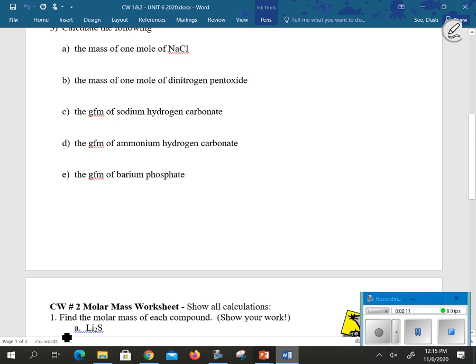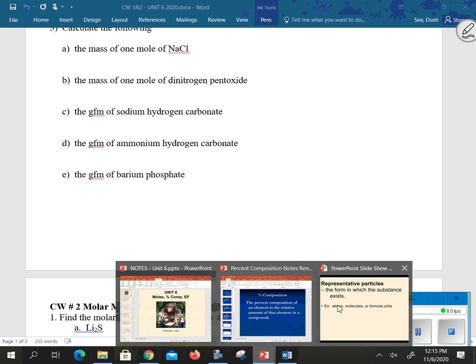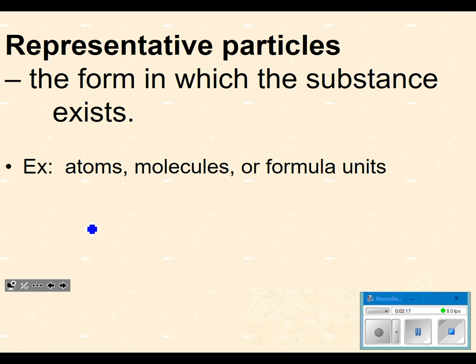Let's see if I can get that to come back up. There we go. So atoms are when you have elements. Their representative particles are atoms. When you have the representative particles of a molecular compound, you have molecules.